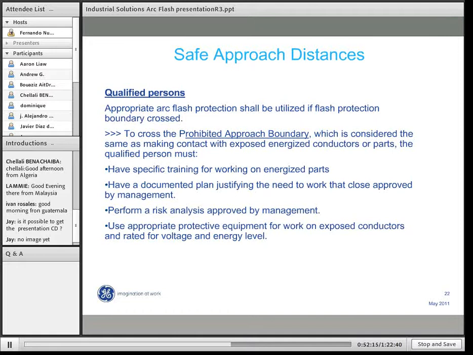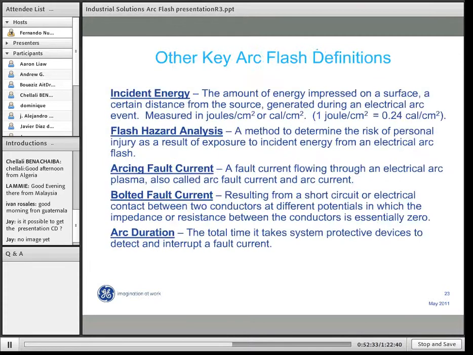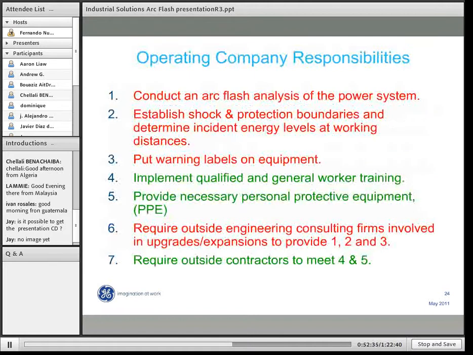Now I reloaded the system on the computer, and now I have page 22 showing, but I don't see how to advance the slide. Oh, here it is. Okay, I got it.